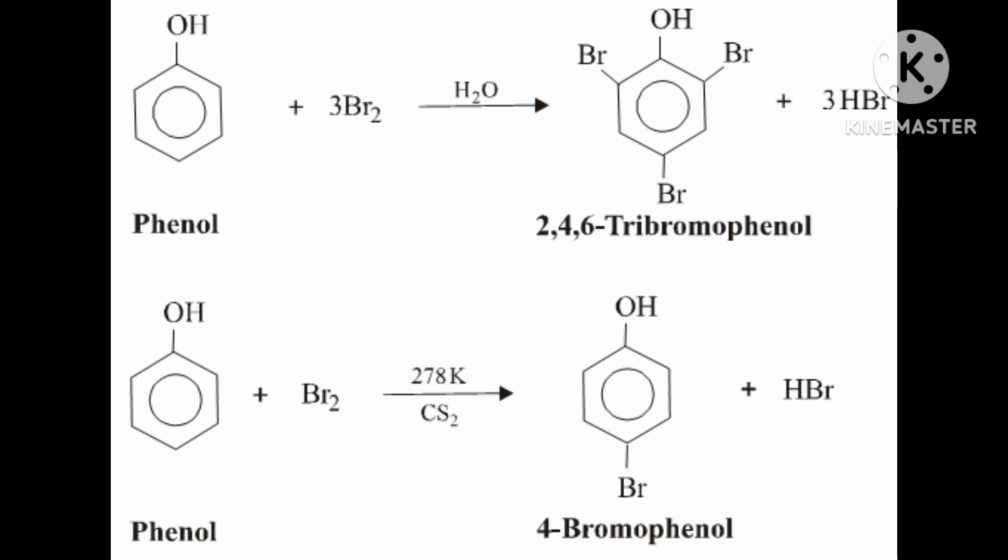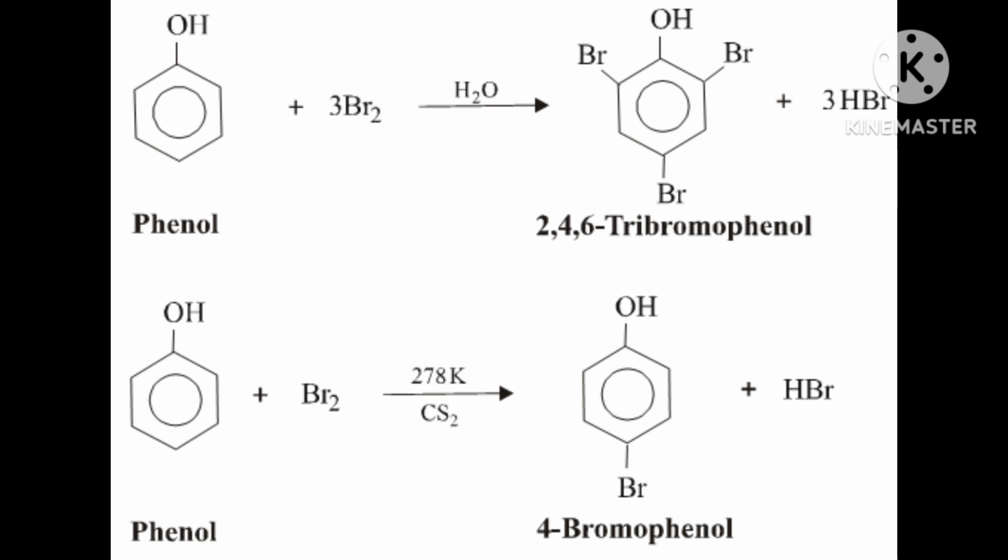There are two types of bonding, intramolecular and intermolecular. Orthonitrophenol is steam volatile due to intramolecular hydrogen bonding, meaning the OH present in the phenol and the NO2 present on the benzene will make a bond by themselves because both are attached closely.